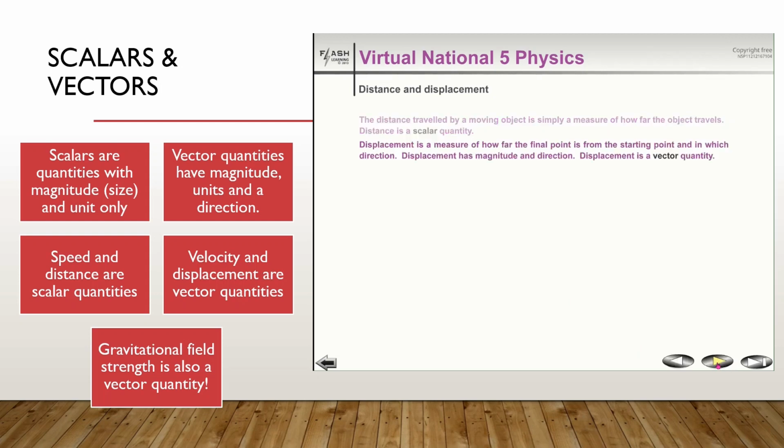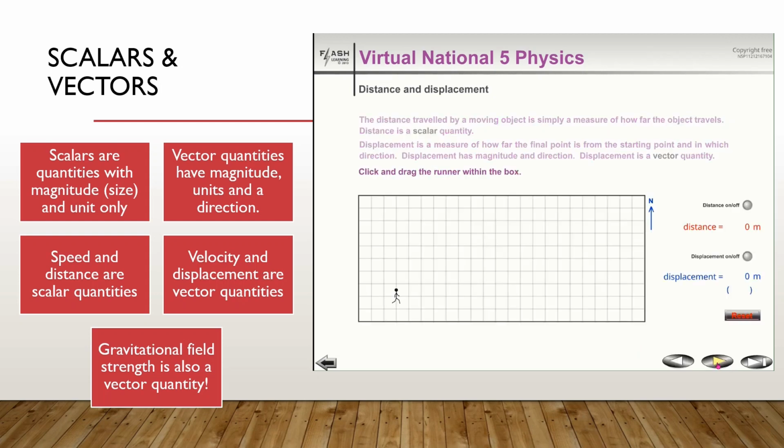So we've got distance, that is how far you've travelled, that is a scalar quantity. So here's my distance, going to walk along the road. Okay, if I'd done that straight, they would have been the same. I'm then going to go up. Okay, you can see now that the distance is much bigger than my displacement, and I finish there.